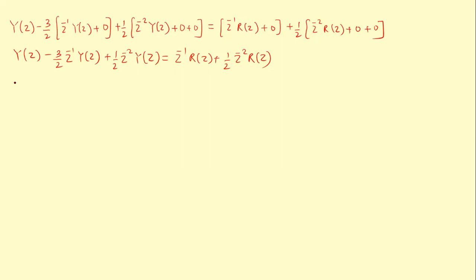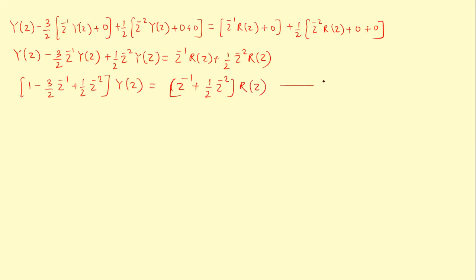Now we can simplify it further. So we have 1 minus 3 by 2 z inverse plus 1 by 2 z inverse square into yz is equal to z inverse plus 1 by 2 z inverse square rz, right? So this is, for example, equation number 3.